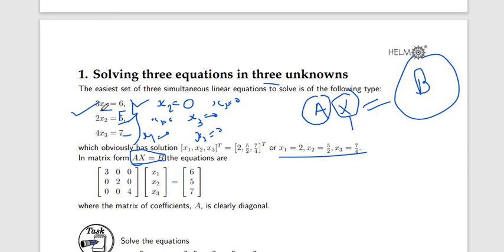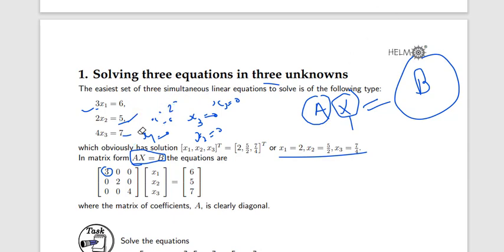First of all, what is the coefficient of x1? Here it is 3. Coefficient means the multiplier. What is the coefficient of x1? It is 3, in the first linear equation. In it, what is the coefficient of x2? It is 0.